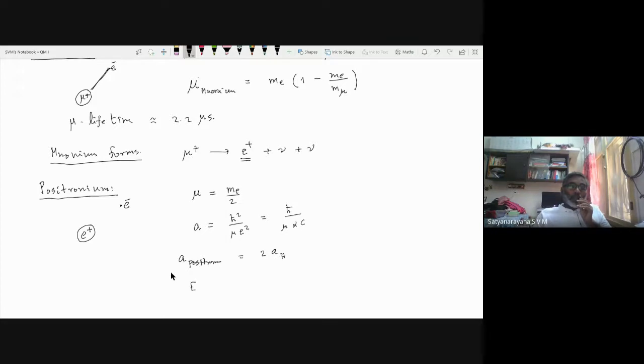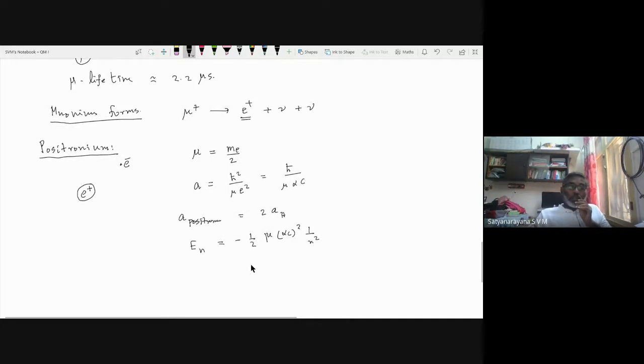And what happens to the energy levels? So energy levels are given by minus half mu alpha squared c squared into 1 by n squared. Okay, so now if mu is equal to m_e by 2, you will have the energy levels for positronium equal to half of the energy levels of the hydrogen atom.